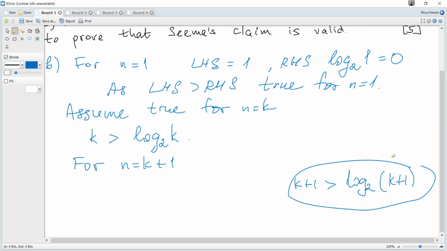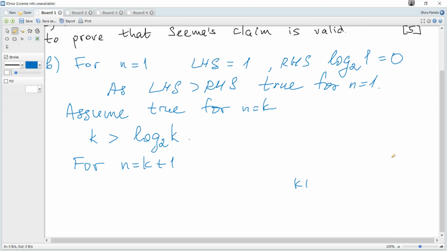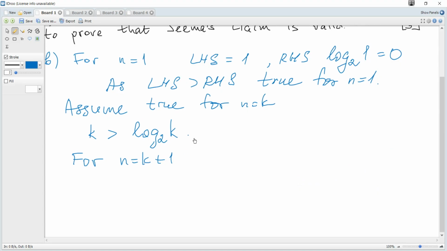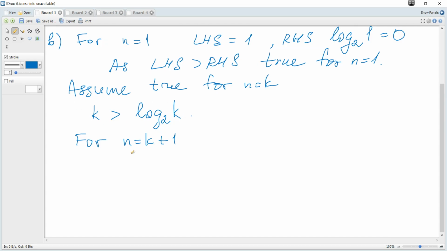That's our aim at this step. We can consider k is greater than log to the base 2 of k, and if we add 1 on both sides, it remains true, so k plus 1 is greater than 1 plus log to the base 2 of k.